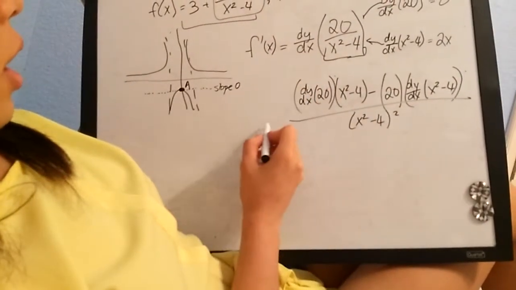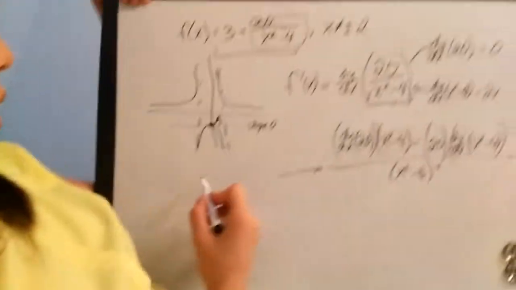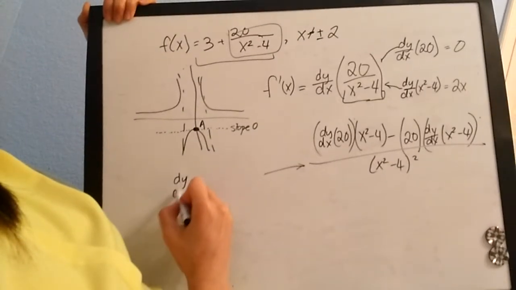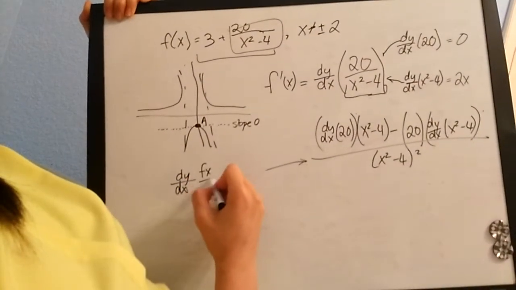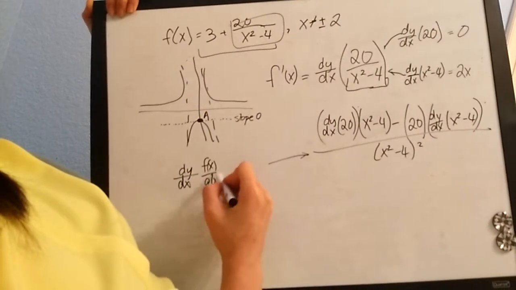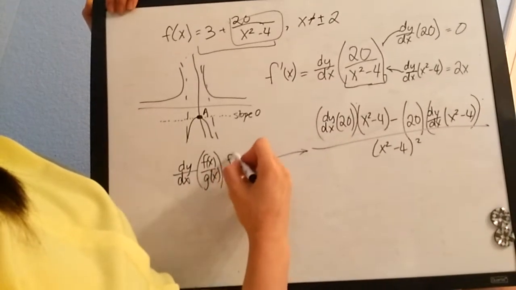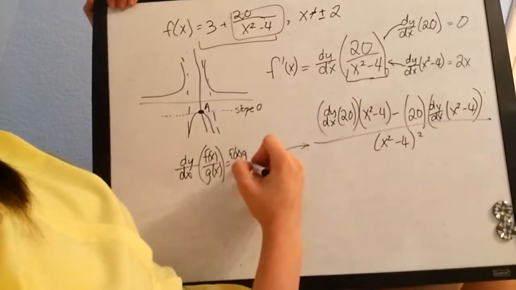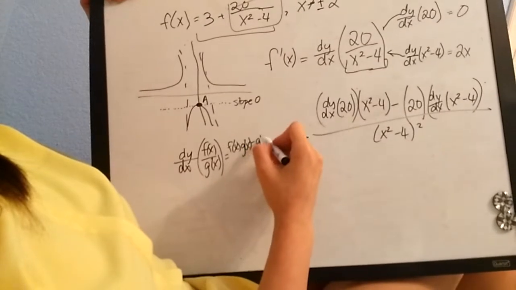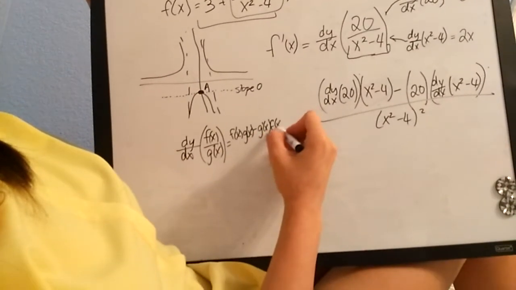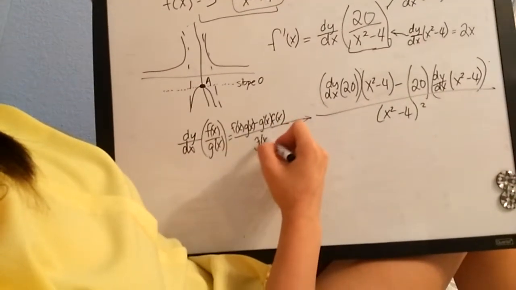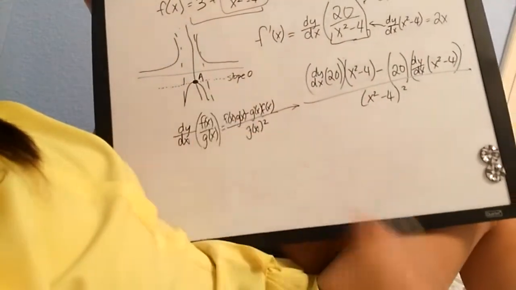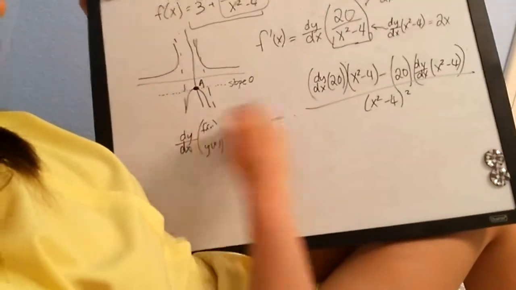That is our quotient rule, which states that the derivative of f of x over g of x equals f prime x times g of x minus g prime x times f of x, over g of x squared. So that's what we did right here.